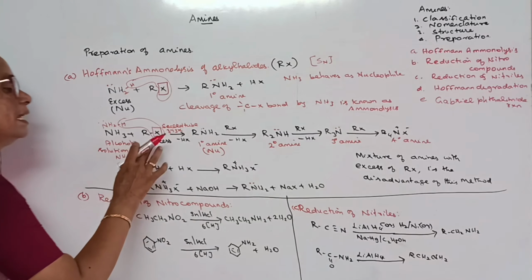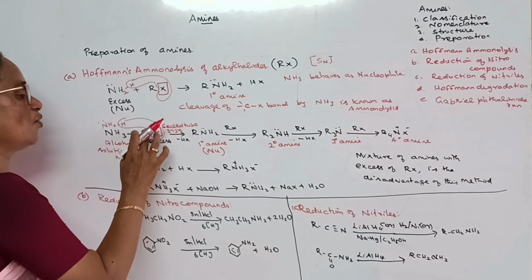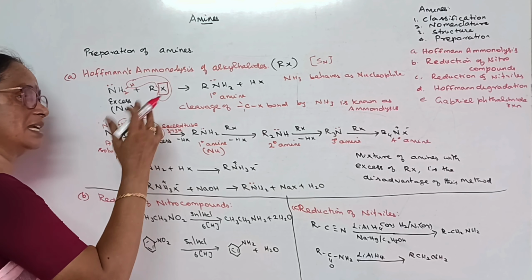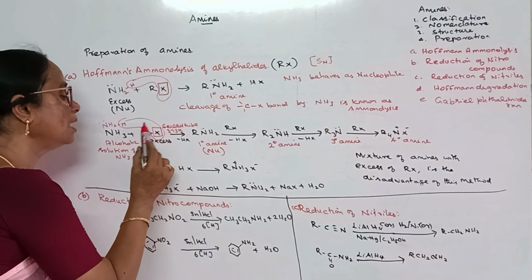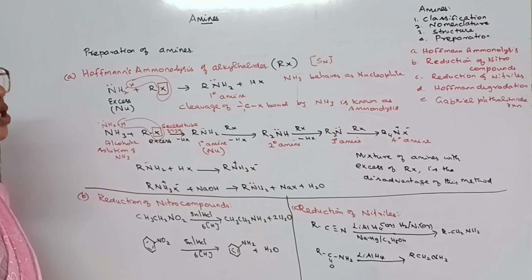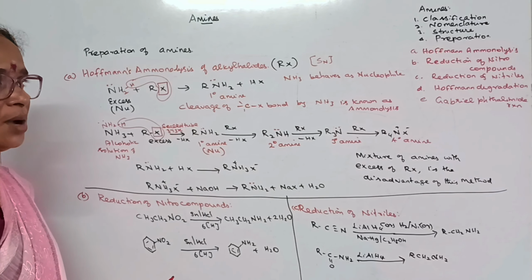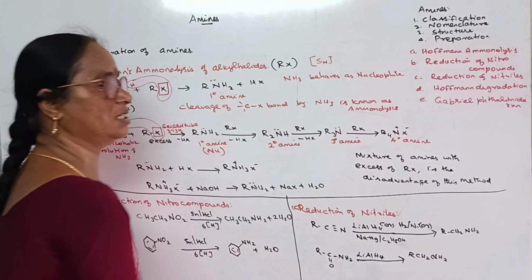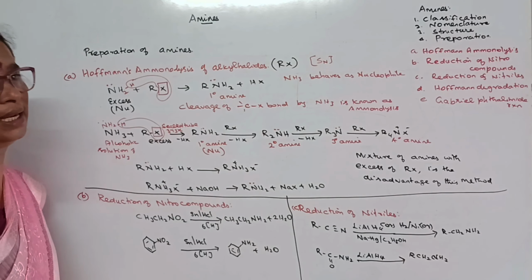See that the reaction has excess alkyl halide, so the reaction will proceed until all the alkyl halide is consumed. It will not stop at the formation of primary amine, and it further proceeds up to the formation of quaternary amine.